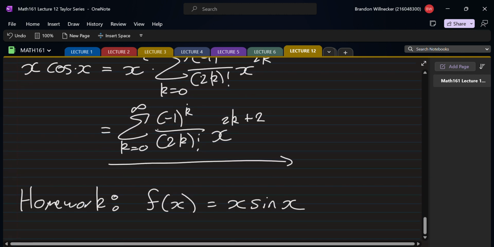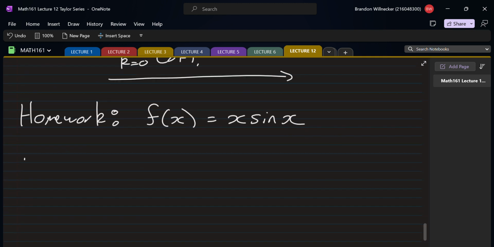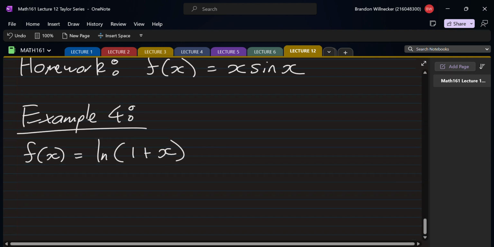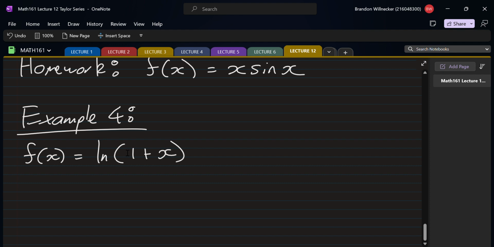Okay, let's look at example 4. Here we have f of x is equal to the natural log of 1 plus x. Now, you can do this using the method of finding the derivatives and then finding the pattern, like we did with cos. I'm going to leave that as a homework problem.